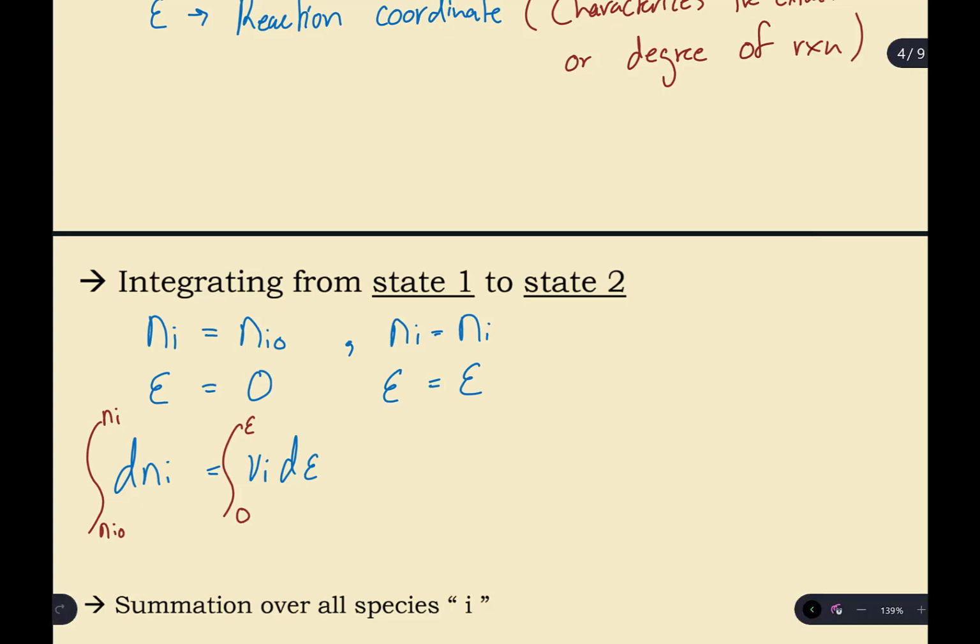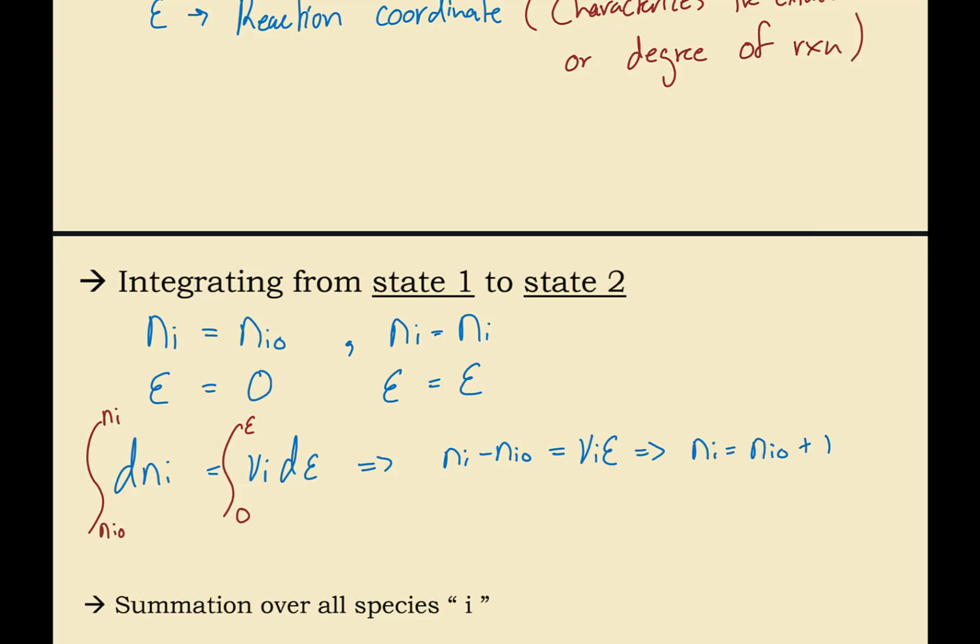We do the math and get n_i minus n_i naught equals the stoichiometric number multiplied by the reaction coordinate. To find my current number of moles, I move the initial to the right side: n_i equals n_i naught plus the stoichiometric number times the reaction coordinate.